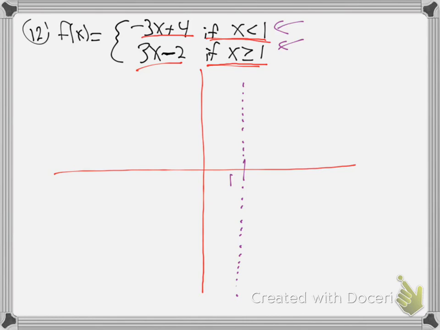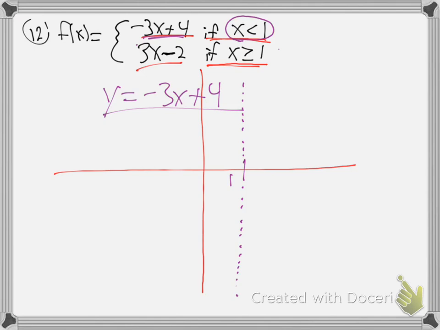If x is less than 1 and if x is greater than or equal to 1. Okay, so let me put the different functions in the different zones in which they belong. So for x values less than 1, that's on the left side of 1, you're supposed to have this one. So I'm going to go y equals minus 3x plus 4 left of 1.